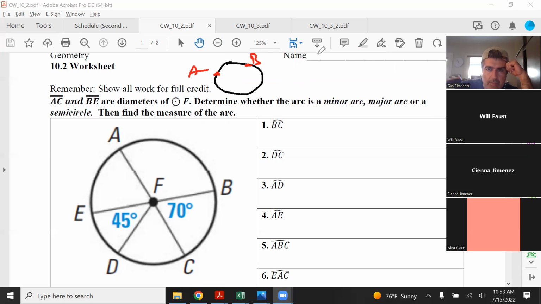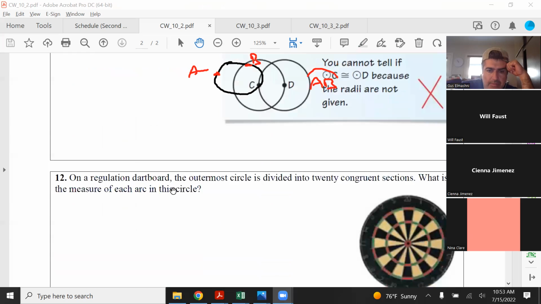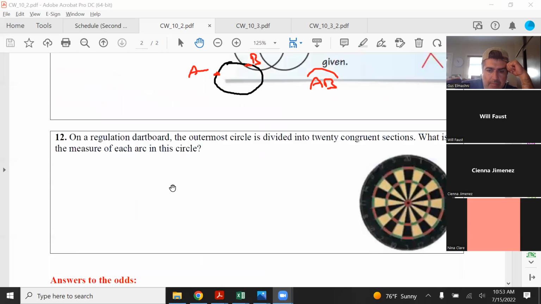If you see this symbol here, it's a little tricky, but let me look at how it's done. Yeah, okay.